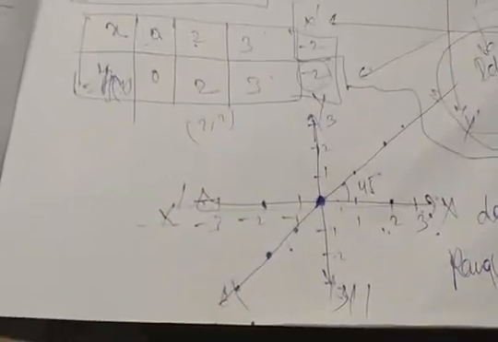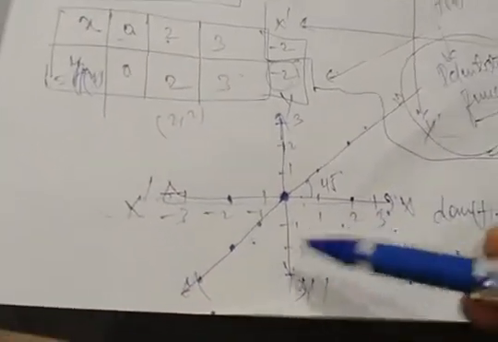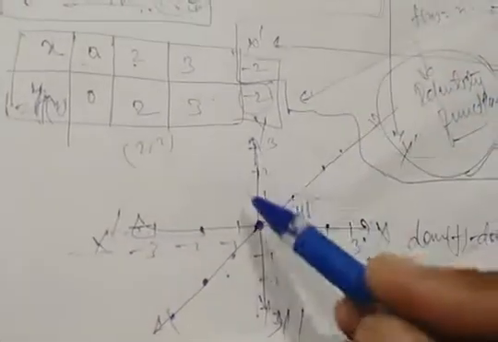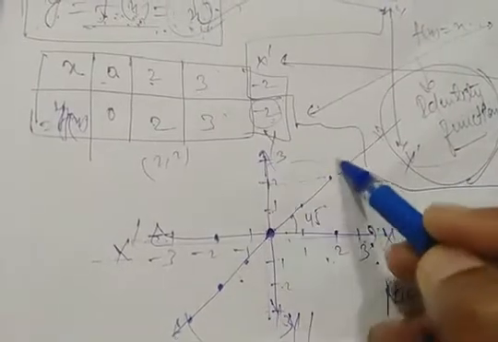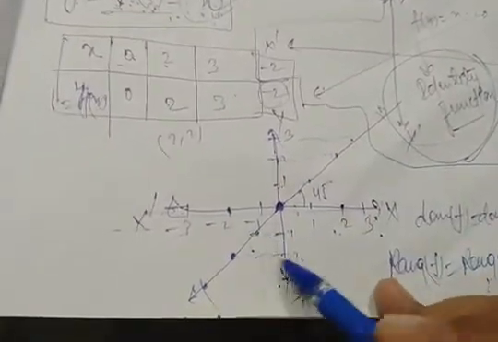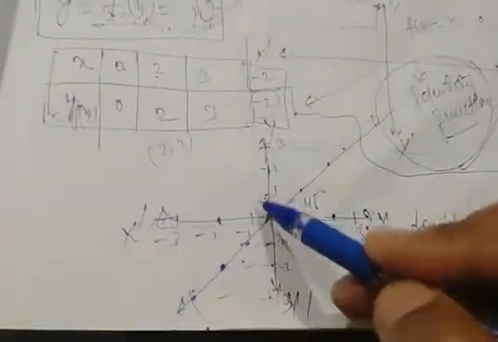One point is, remember the range is taken along the y-axis. We can find the range in the same way, positive, 0 and negative.